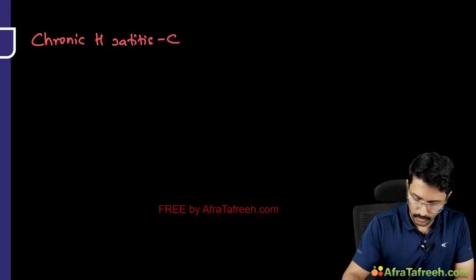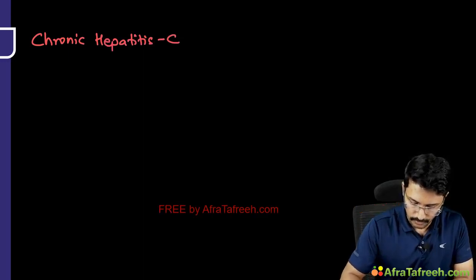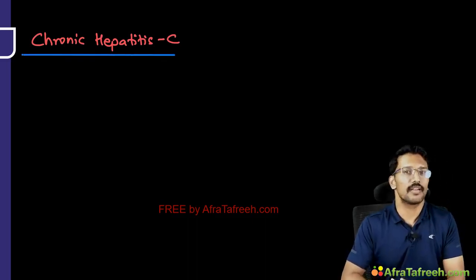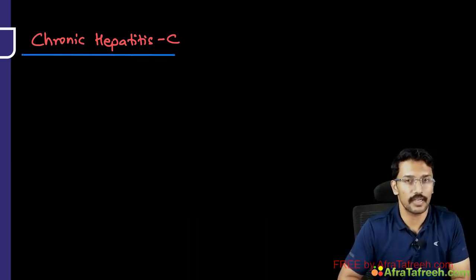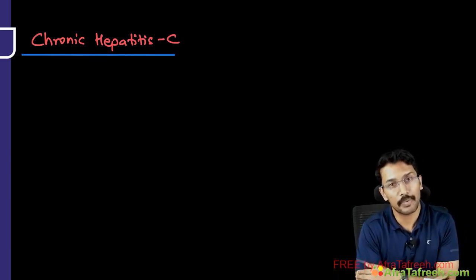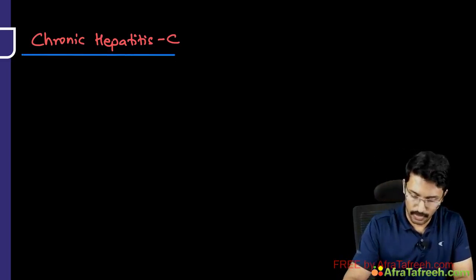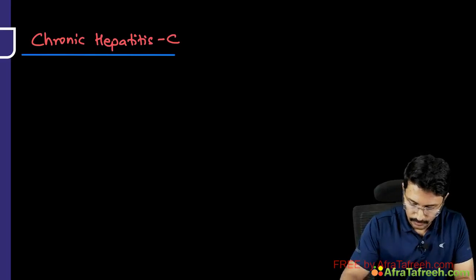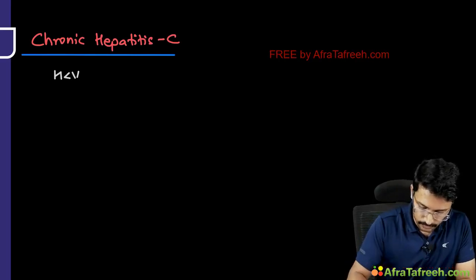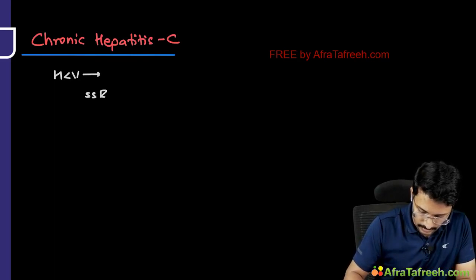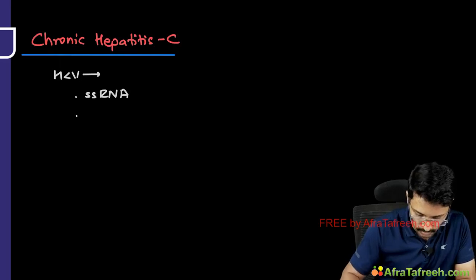When we started talking about HBV, we know that HBV is a partially double-stranded DNA virus, and it belongs to a genus called Orthohepadnavirus. Now when it comes to hepatitis C, HCV is a single-stranded RNA virus which belongs to the family Flaviviridae.